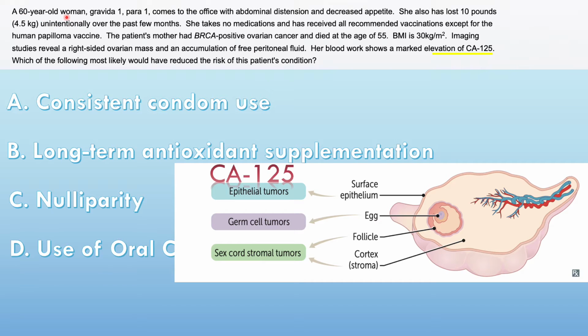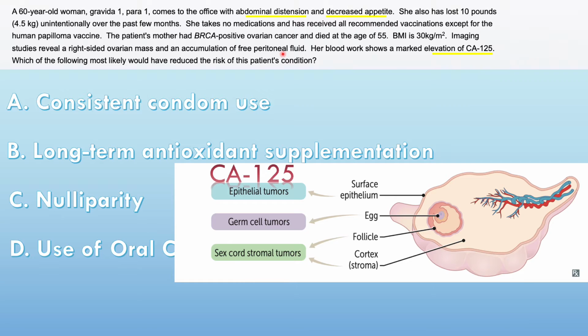A 60-year-old woman, so she's obviously postmenopausal, gravida 1 para 1. Okay, so she only had 1 child, comes to the office with abdominal distension and decreased appetite. Imaging reveals a right-sided ovarian mass and accumulation of free peritoneal fluid.